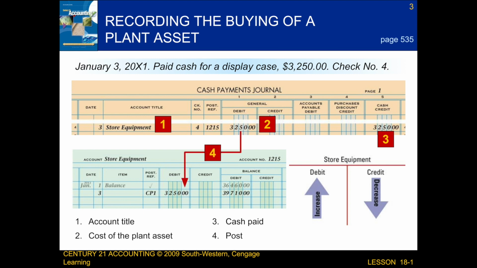And one last thing to note here is that store equipment is a plant asset account that has a normal debit balance. So it increases by a debit and decreases by a credit.